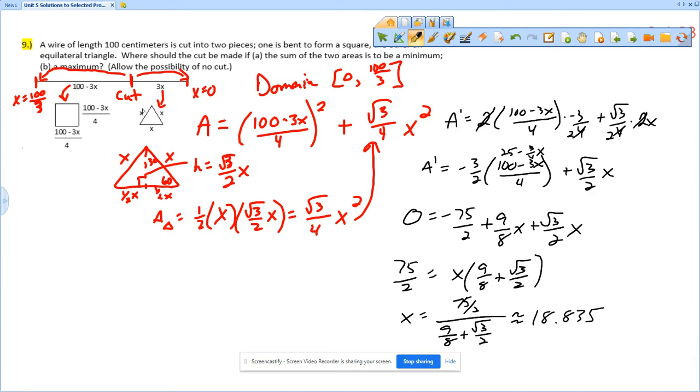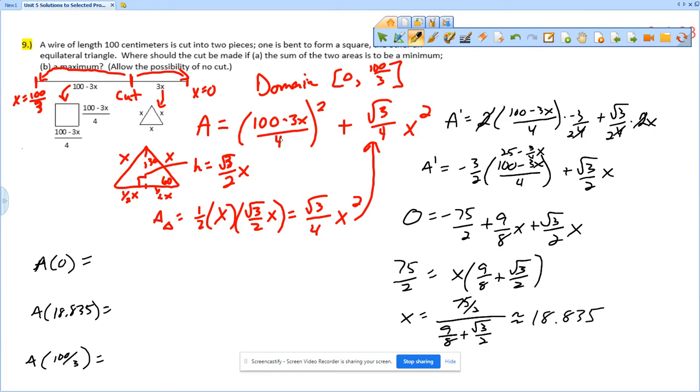So remember, that means we would cut at a length of 3x. Now we want to figure out the area at 0, the area at that number, 18.835, and the area at 100 thirds, so that we can figure out which one is the max and which one is the min. So now I'm going to do the calculation with the 18.835 first.